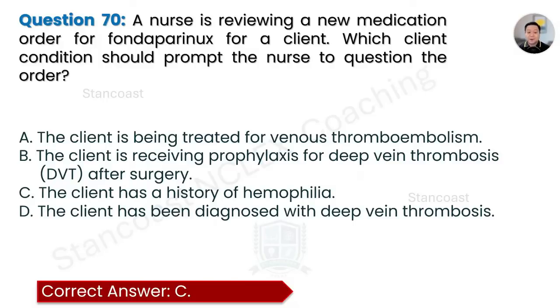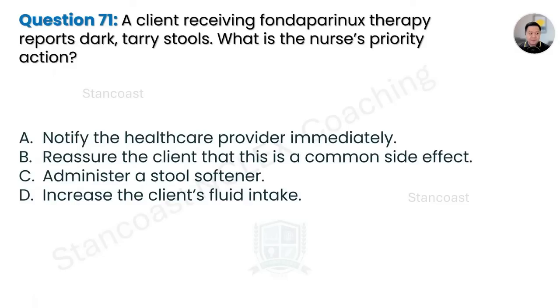And so if you select the letter A, venous thromboembolism is a common therapeutic indication for fondaparinux, and this can prevent clot propagation. And letter B is also an incorrect option here because fondaparinux is frequently used as a prophylaxis to prevent the DVT in post-op clients. And also letter D is incorrect because this is a drug that is approved for treating and managing DVT.